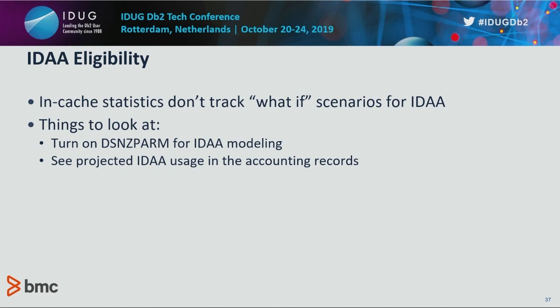There is a system parameter called the Excel model that you can turn on, and if you do, you get some fields in the accounting section populated with a projected savings that says, if this statement were accelerated, here's how much time you'd save. So you can use that to look at your best candidates for acceleration.